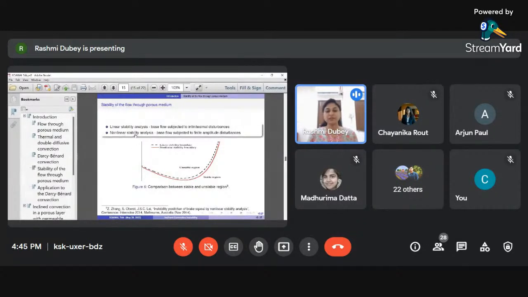And if we follow non-linear stability analysis, we also get to know the condition or the parameter values for which the system tends to become unstable, and that is given by the dashed curve. That also separates the stable and unstable region, but the difference is that the region above that curve is definitely unstable. So this region is unstable for sure, and this region is stable for sure.